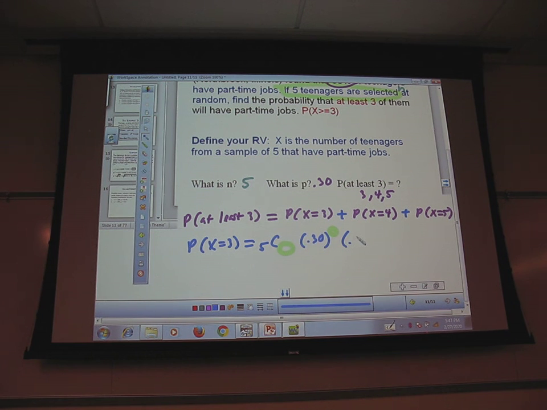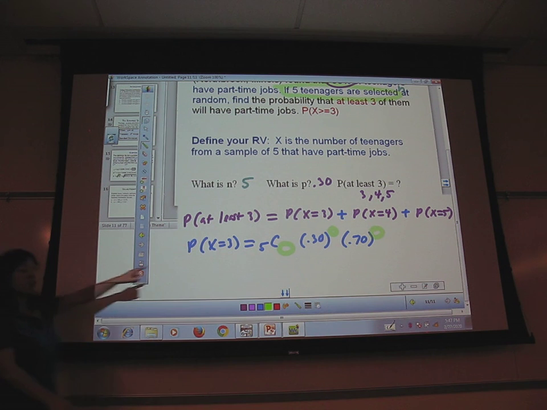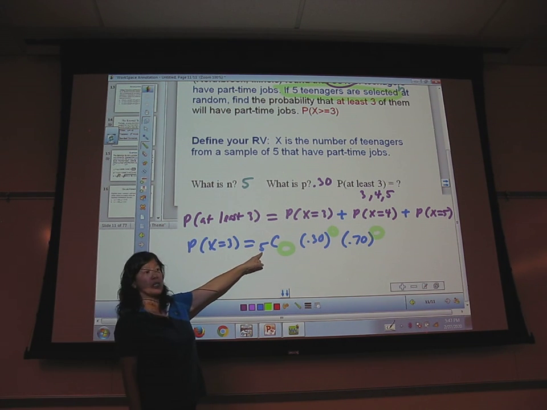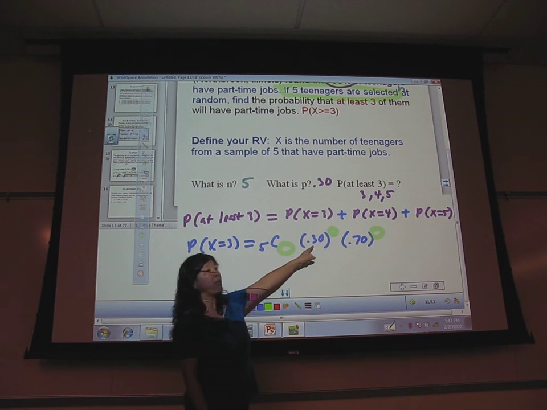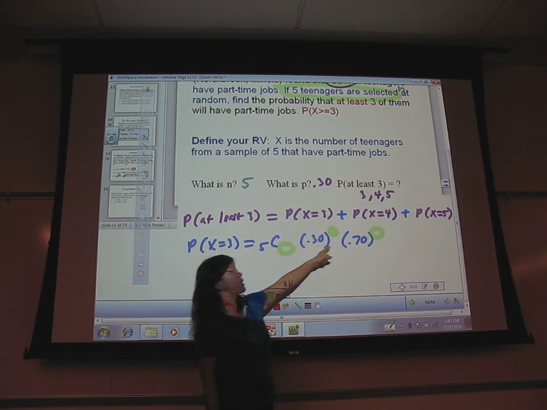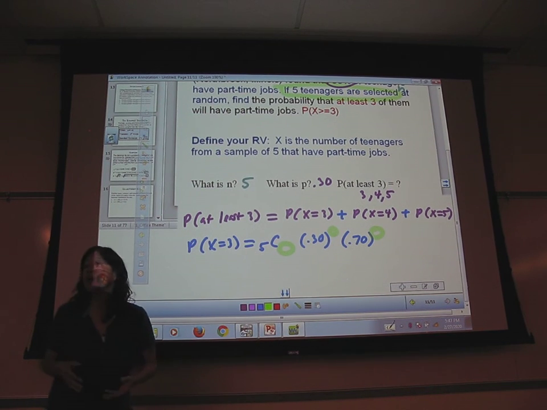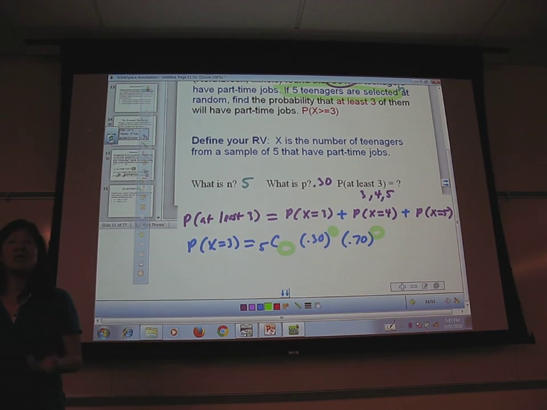Little p is 30%, little q is 0.7, 70%, to the power. So, you guys look up for a second. This is fixed, always. My n is always fixed. My little p is always fixed. Because my little p is fixed, then my little q is fixed. So these guys are always fixed. The only thing that changes, my variable, the only thing that varies, is my x.